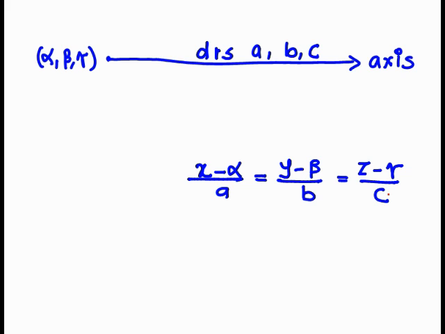So let's see what a generator is. If there is a line which generates our cone, these two lines are the generators.